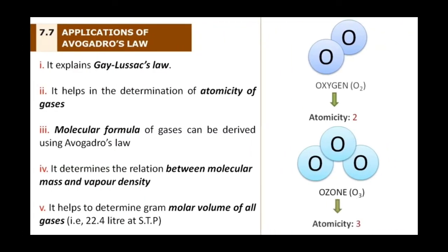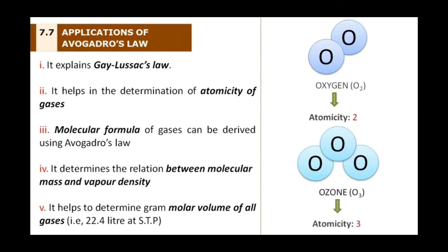The second application is, it helps in the determination of atomicity of gases. It means that using Avogadro's law, we can find the atomicity of gases. In the earlier videos, we have learnt in detail about atomicity.